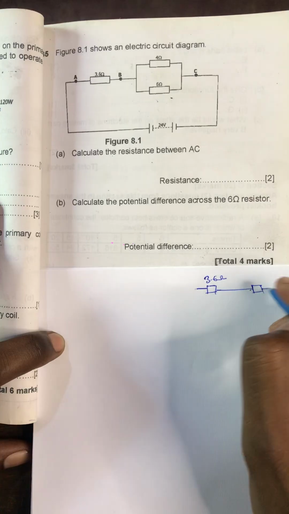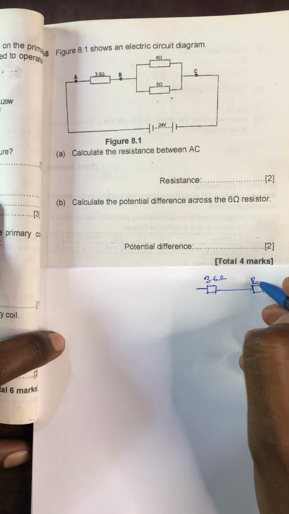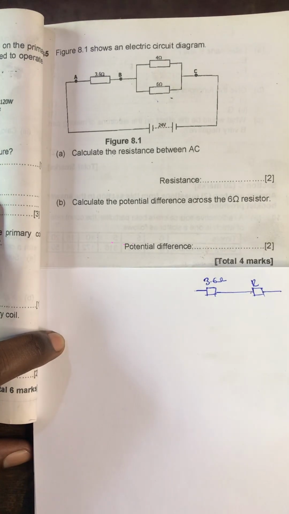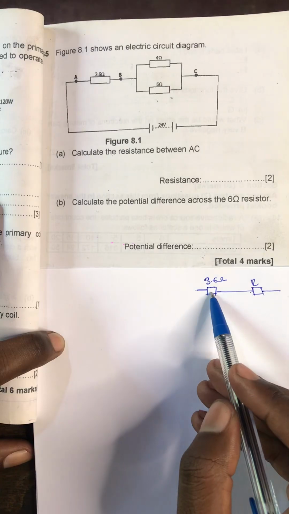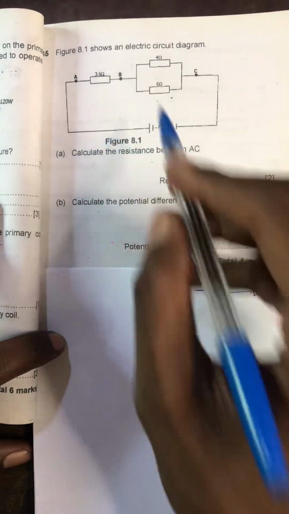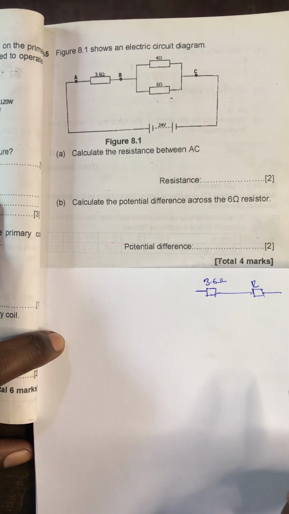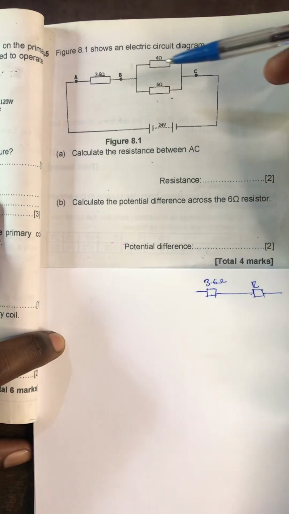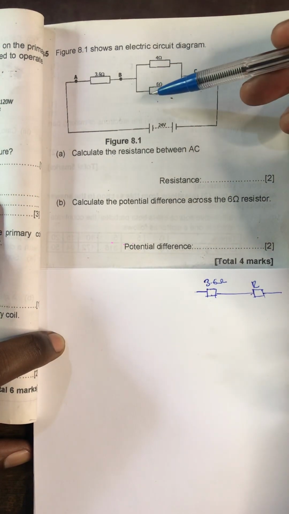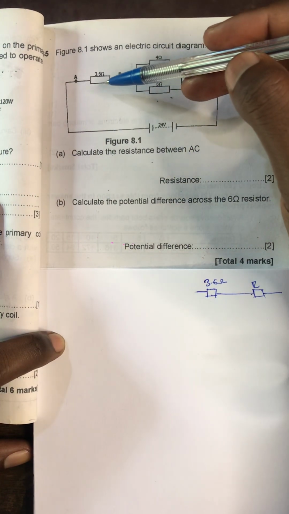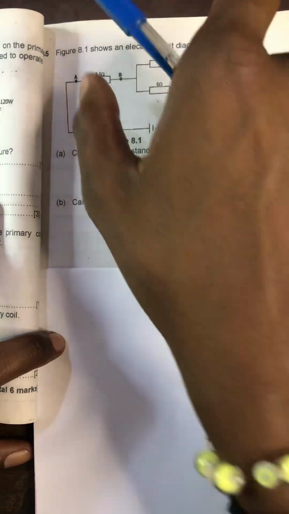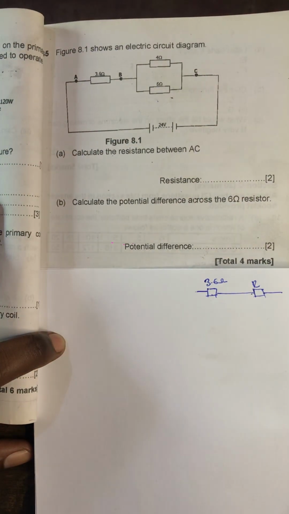To get the total resistance in this whole circuit, we're just going to add this one and the total of these two. As you can see, they are going to be in series with each other, so to get the final answer, we are just going to add them.